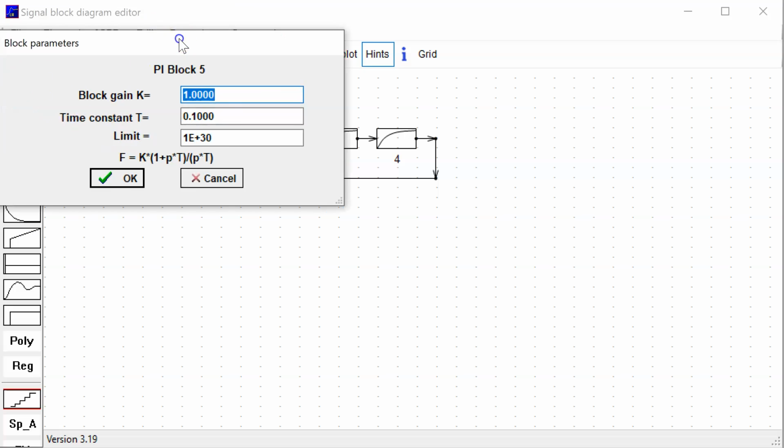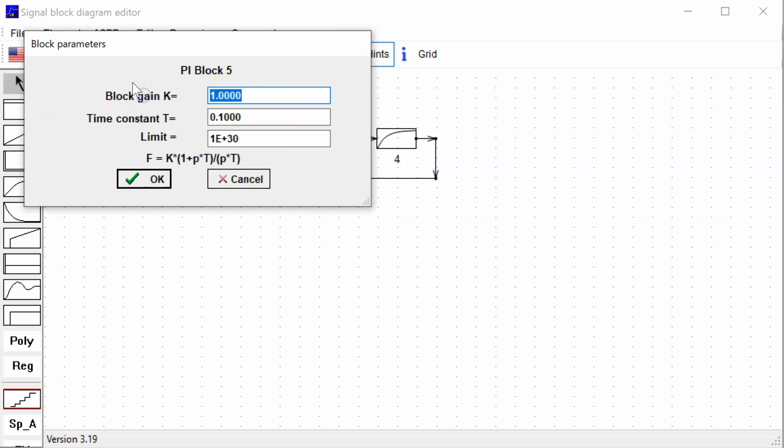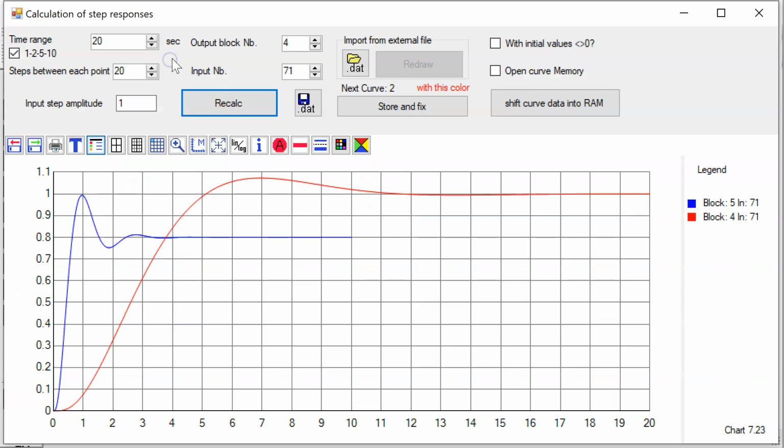In this case, the PI parameters are 0.76, and the time constant is 1 second. Say OK, calculate the curve.